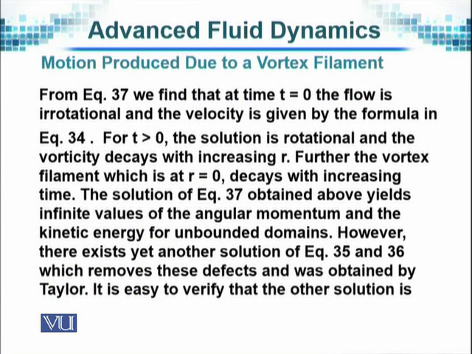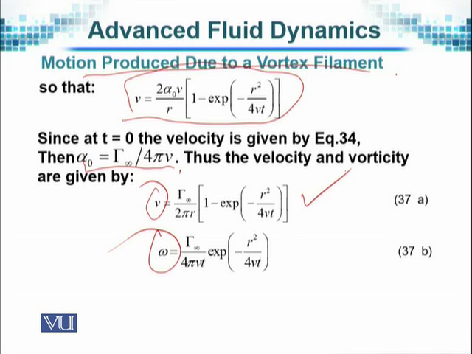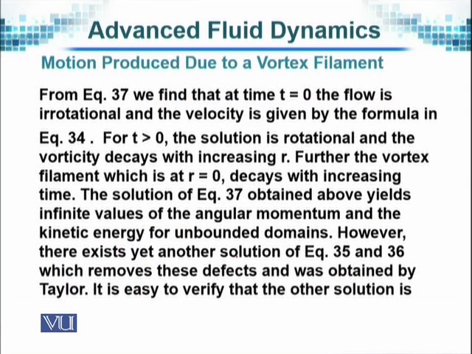And from the equation, when the time is 0, we find that the flow is irrotational, but for t greater than 0 the vorticity decays, because as r increases this term will decrease because it has a minus sign, e to the power minus, so the function's value will be decaying.